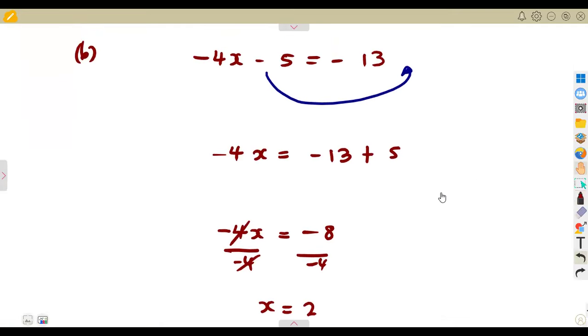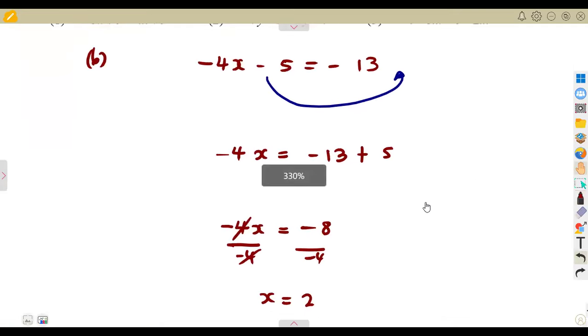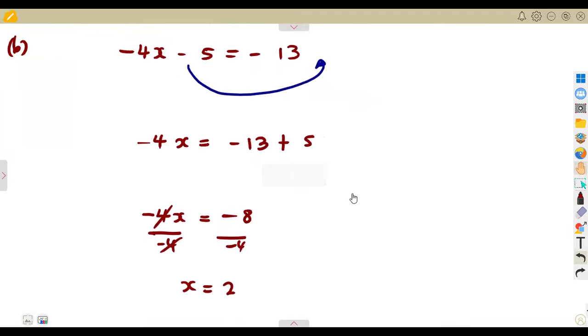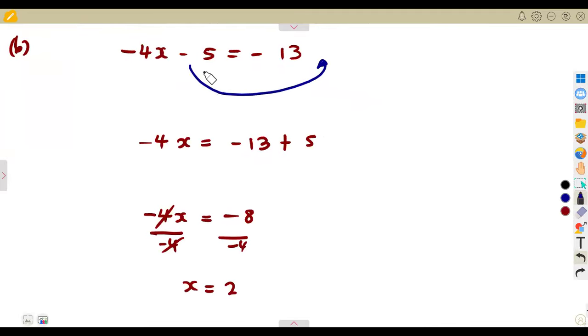If we take this value of x and substitute it on the left-hand side where we have x, we are going to see that it gives us exactly the right-hand side. So it's -4 times x, which is 2, minus 5. If we simplify this, we must get minus 13.